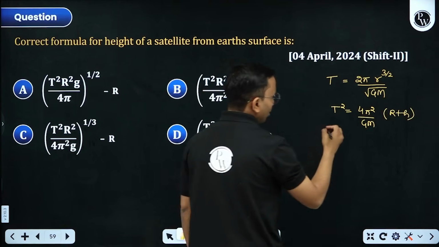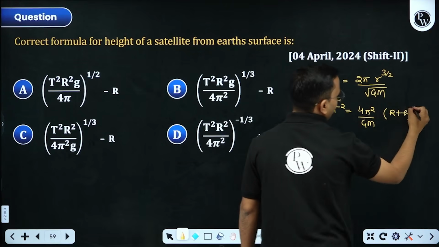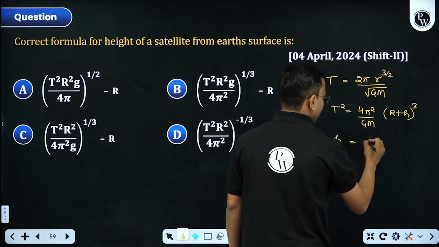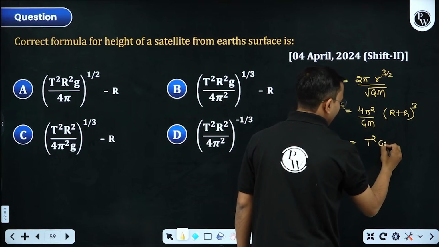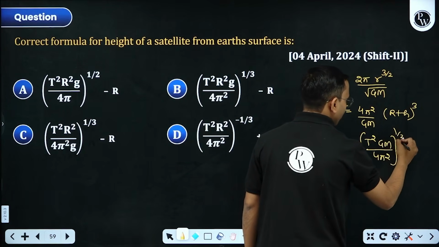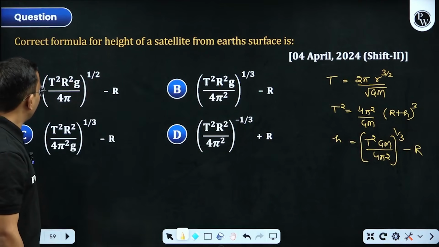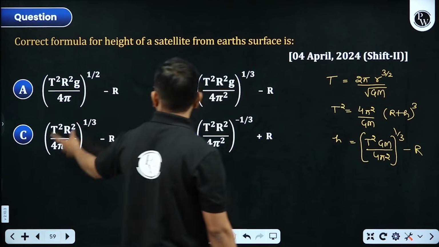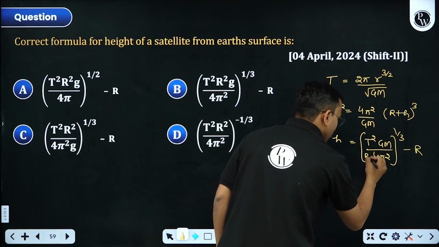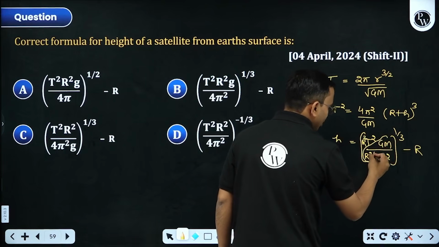From here I can write h. This was cube, so the cube root will come. So if I write h, this will become (T square GM by 4 pi square) whole to the power 1 by 3 minus R. One more thing, our answers are having small g in terms of GM. So I will multiply and divide with R square, so R square here and R square here. Now this GM by R square will become my small g.